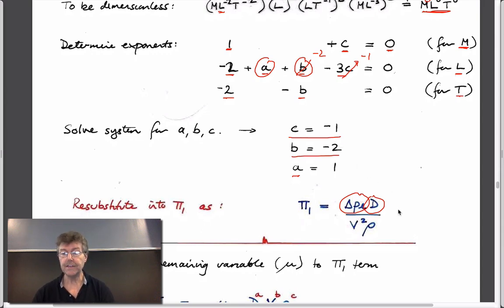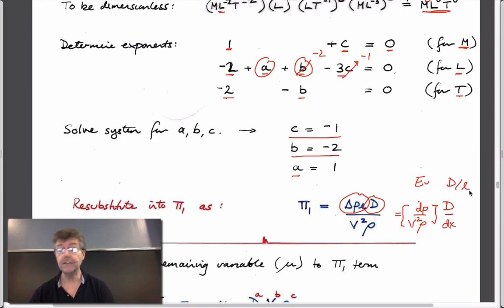We could also write this out as something that looked like this. So this term should look familiar. It's the Euler number, multiplied by D over maybe L, right?